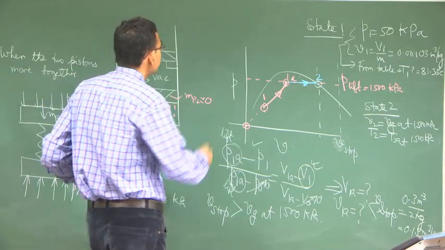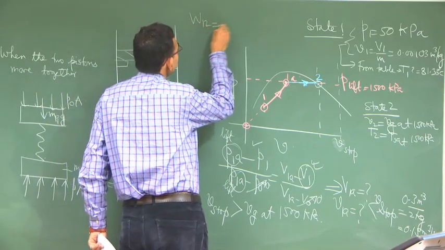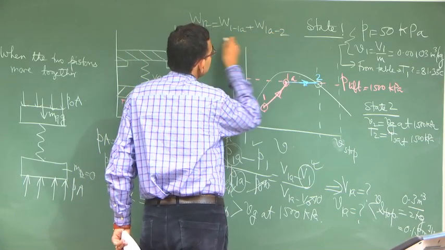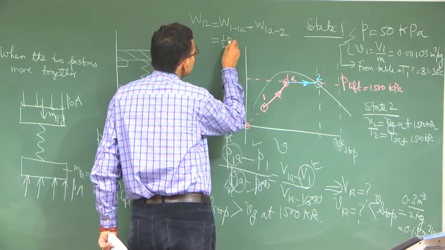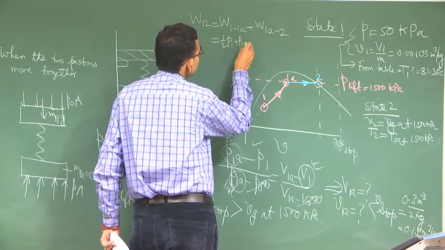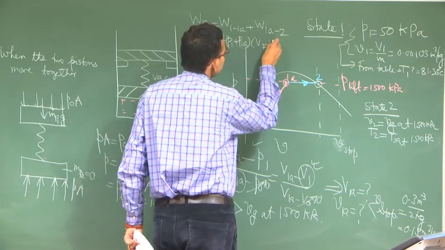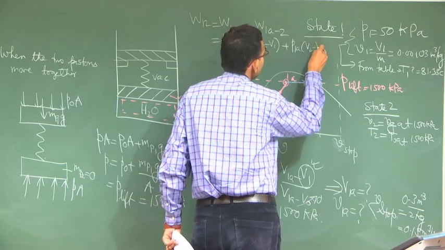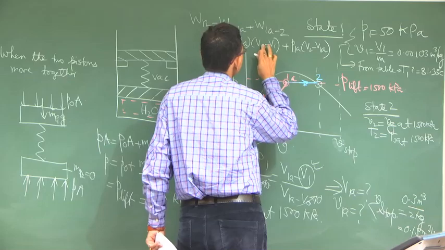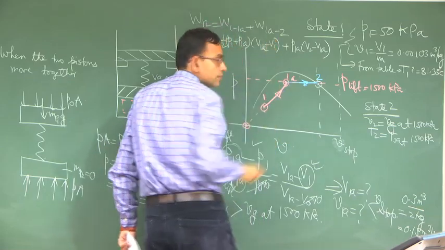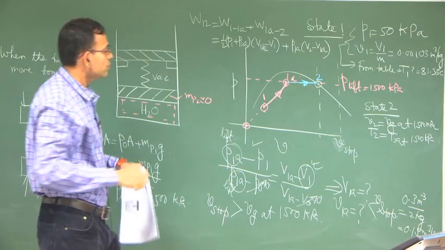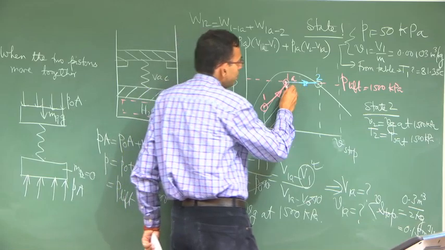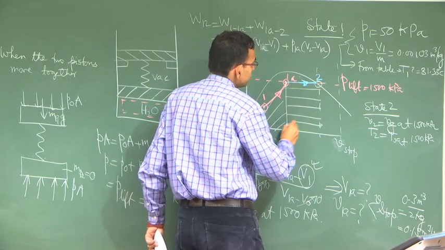What is the work done? Okay. So, the first part of the work done is the area under this trapezium, the second part is the area under this rectangle.